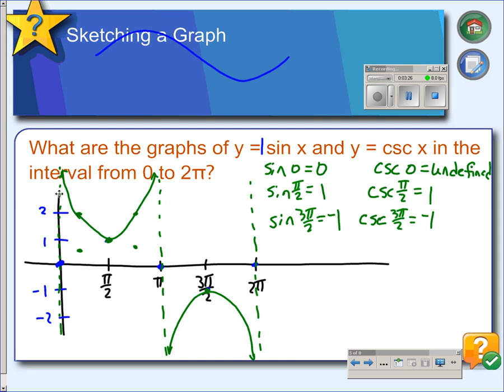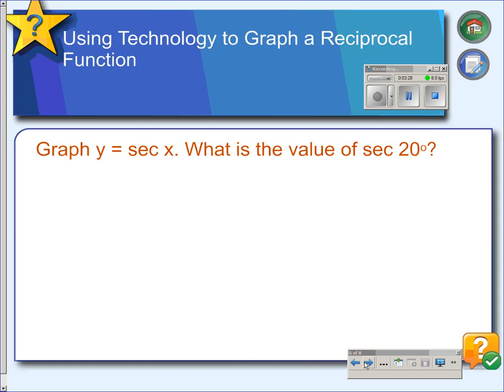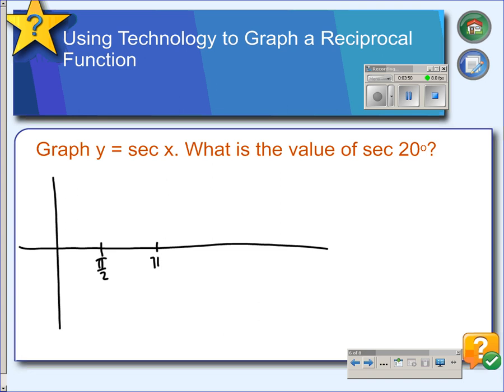Okay, so let's look at another example. In this one, we would use our graphing calculator to graph y equals the secant of x, which we will do in class. But right now, what I want to show you is what the secant of x looks like. So if we start with the coordinate plane, and we'll label it the same as we did before.